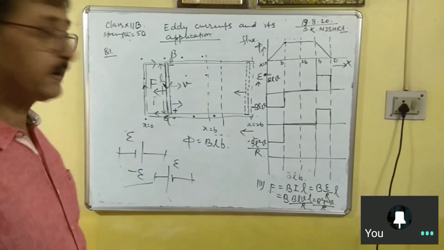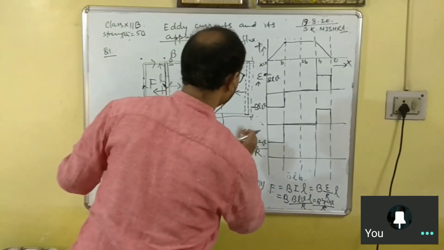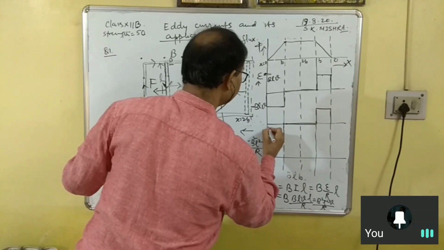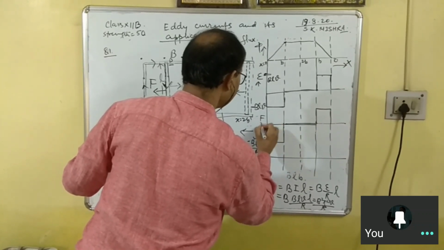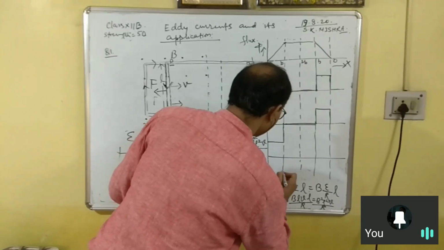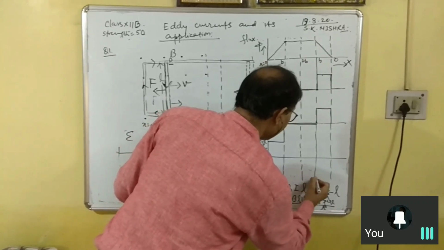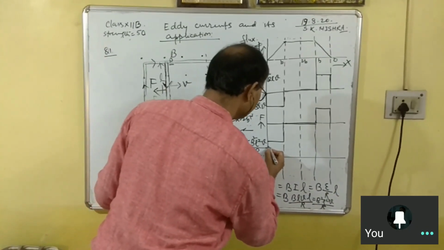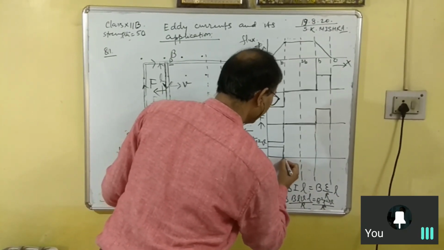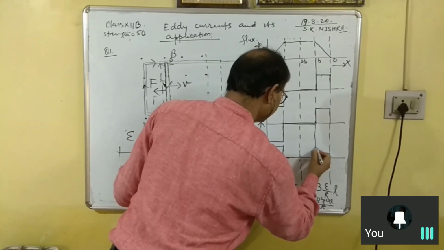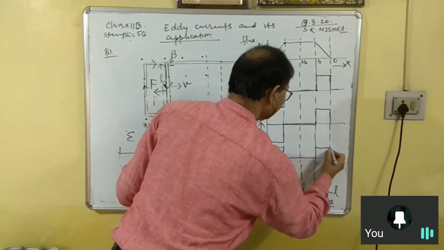Okay? Now this is force. This is X is equal to 2B and I am plotting this graph. This is force. And similar is the graph for power. But remember, power will never be negative. So power starts from positive, then it will be 0 up to this region, no heat produced, no current, and then in this region it is.